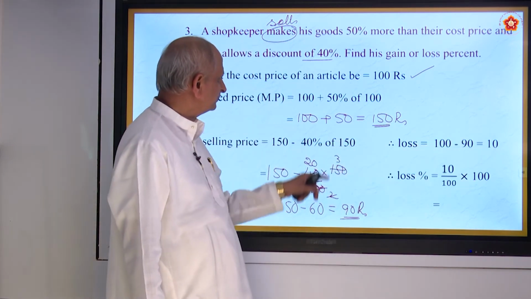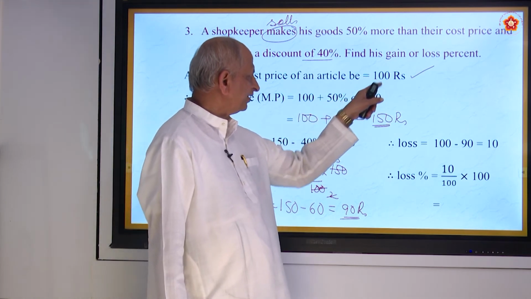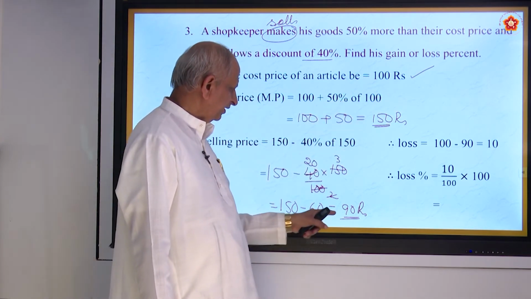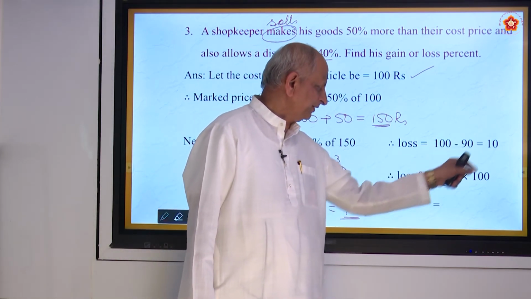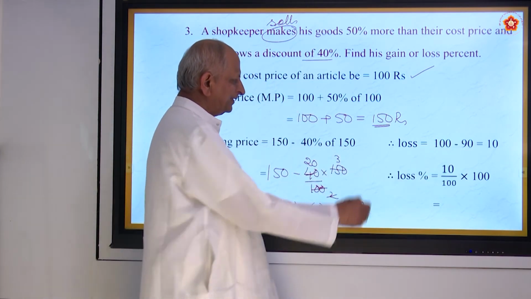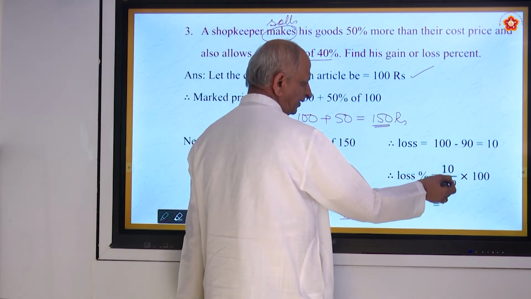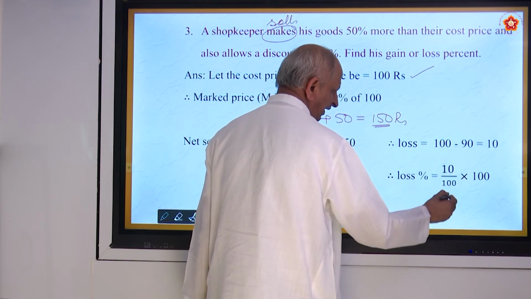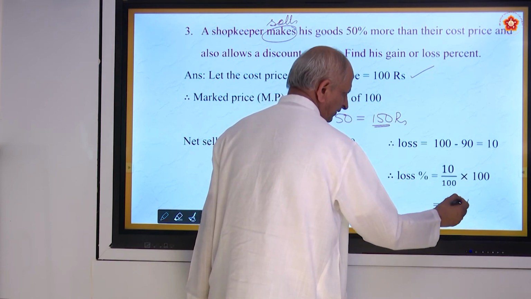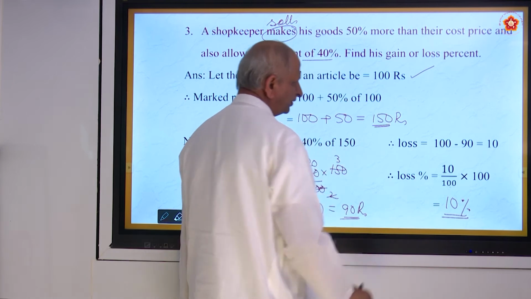Why is it a loss? Because the article cost is 100 rupees. After getting the discount it comes to 90 rupees. So 100 minus 90 becomes 10 rupees. So what is the percentage? For 100 rupees, 10 rupees loss. For 100 how much? The 100 cancels, you get 10%. So that is the loss.